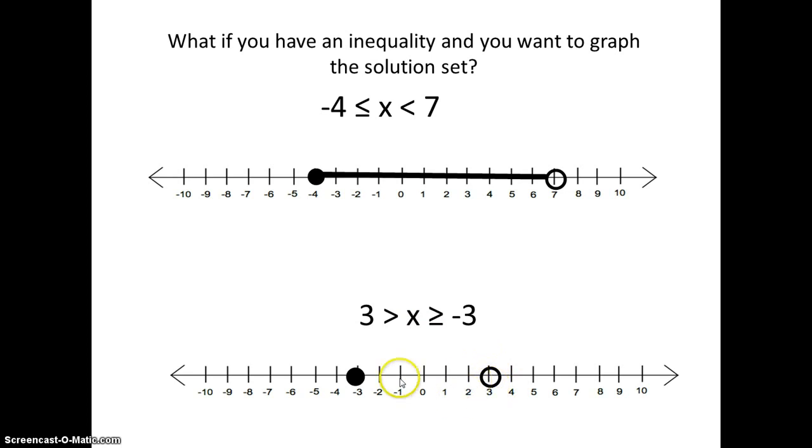So, in between these two numbers, we find our solutions to this inequality. So the solution for x could be anything. It could be -2.5, it can be a -2, a -1.5, a -1. It could be 0. It could be a positive 2.5. There are many, many solutions for x along that number line.